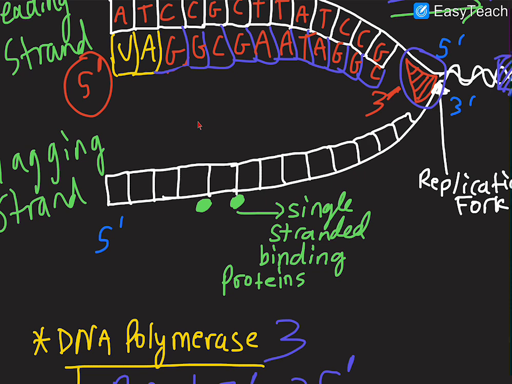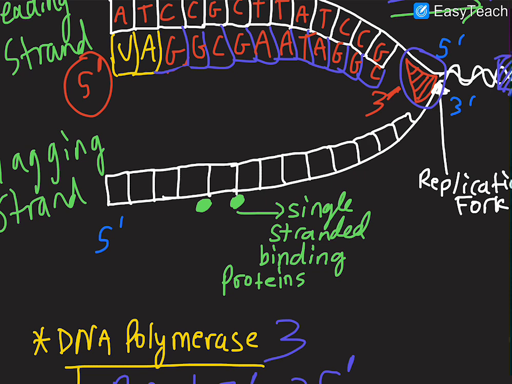Because remember, when you're synthesizing the opposite of what you read, okay? So if it's reading 3' to 5' this way, it's going to synthesize the same way but opposite because it's anti-parallel. It's going to synthesize from 5 to 3. So that means we're synthesizing new nucleotides this way, okay, to the left.